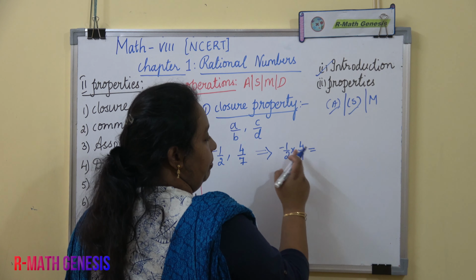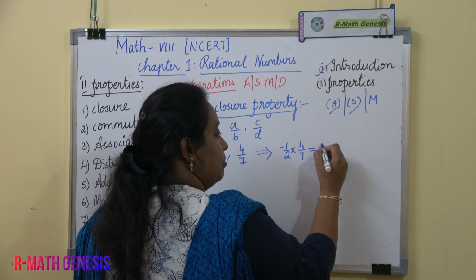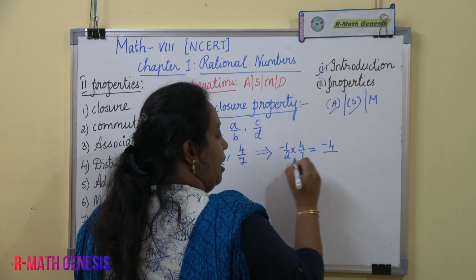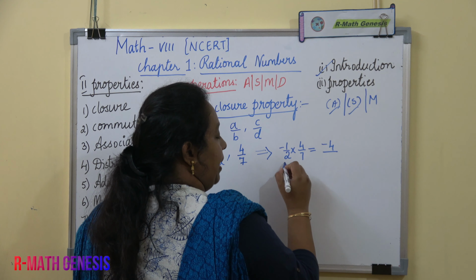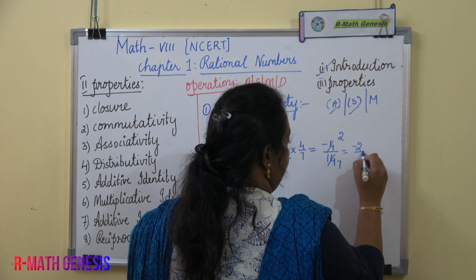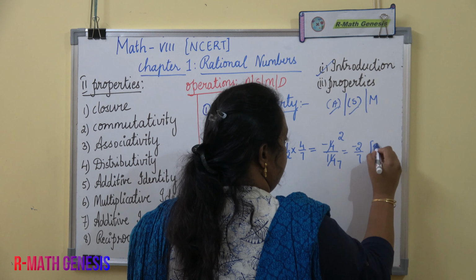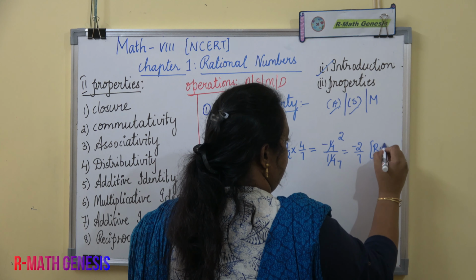It is just simple multiplication. Minus 1 into 4 is minus 4, and 2 into 7 is 14. We can still reduce it to the simplest form, 2 twos are 2, 2 sevens are 14. So it is minus 2 by 7, which is also a rational number. So in terms of multiplication also, it is a rational number.